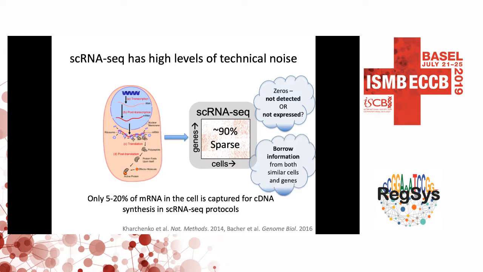However, there's a lot of reason for hope. We should be able to, in theory, borrow information from other cells because we expect that there are cellular populations inside of it. Not every cell is unique. We also expect that we should be able to borrow in the genes dimension because genes are controlled, say, by transcriptional regulatory networks and co-regulated by transcription factors.